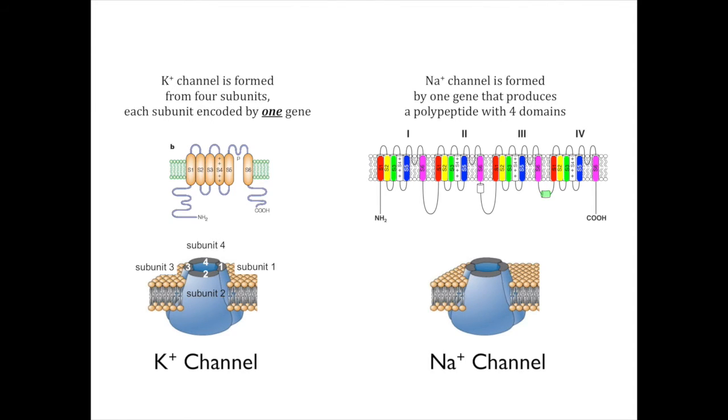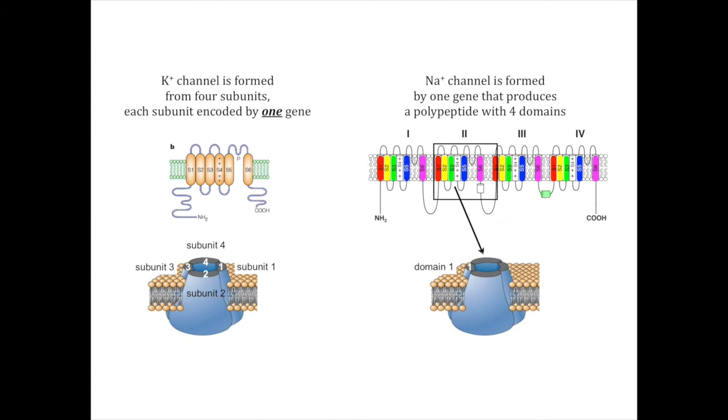Indeed, it is now known that all potassium channels are formed from 4 subunits, where each subunit is encoded by one gene. The sodium channel is similar, except that the single polypeptide is folded such that each of the 4 domains is similar to the subunits in the potassium channel.